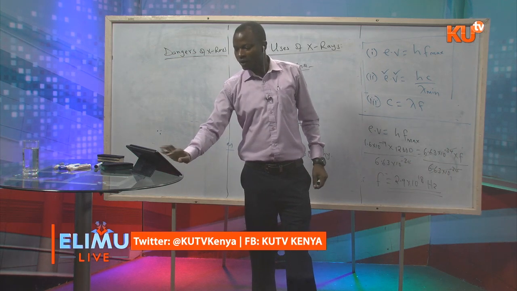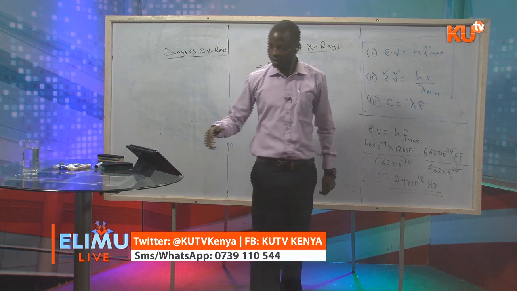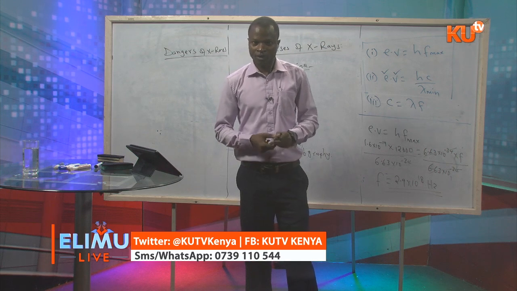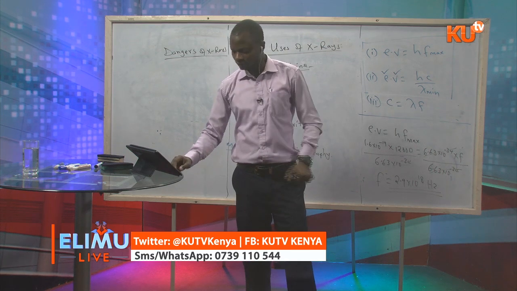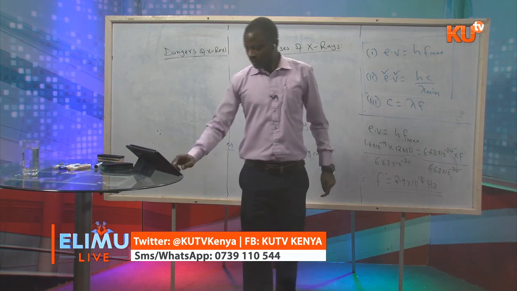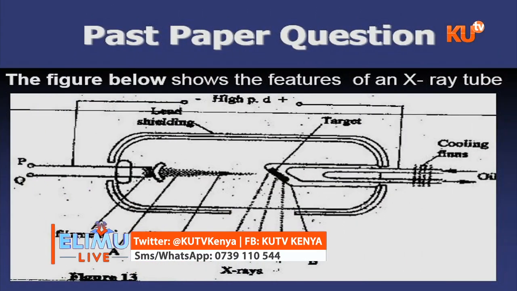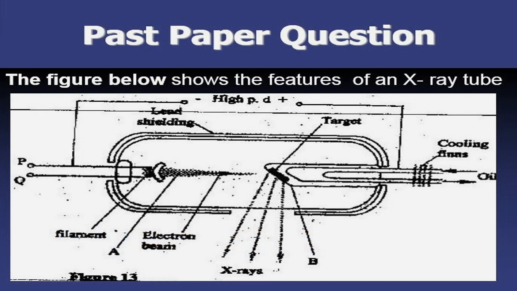Now we may look at one past paper question as I wind up. Just one past paper question. You can see it on your screen. Now the question says, the figure below shows the features of an X-ray tube.